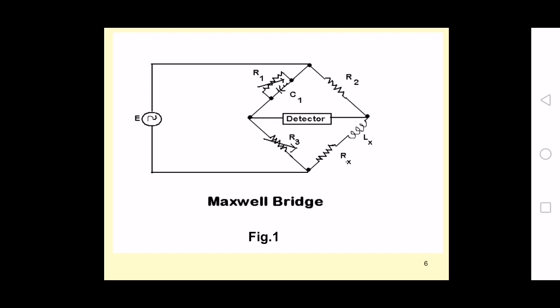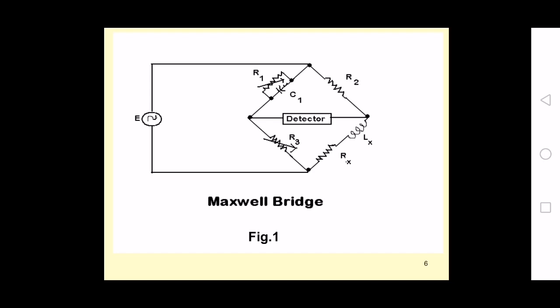So the 4 arms Z1, Z2, Z3, Z4 are impedances, and the detector is represented by the headphones. When the bridge is balanced, the detector response is 0, or it indicates a null. Balance adjustment to obtain the null response is made by varying one or more of the bridge arms.